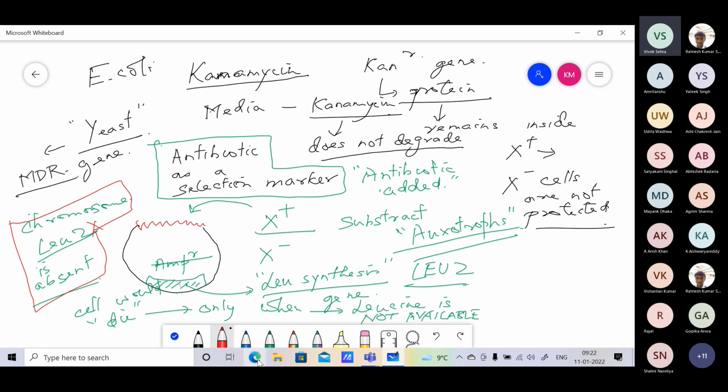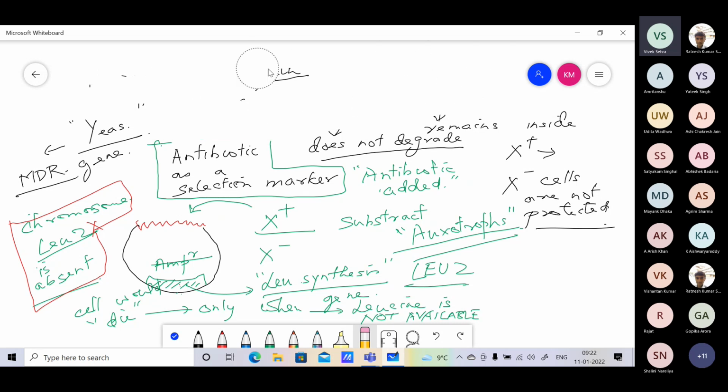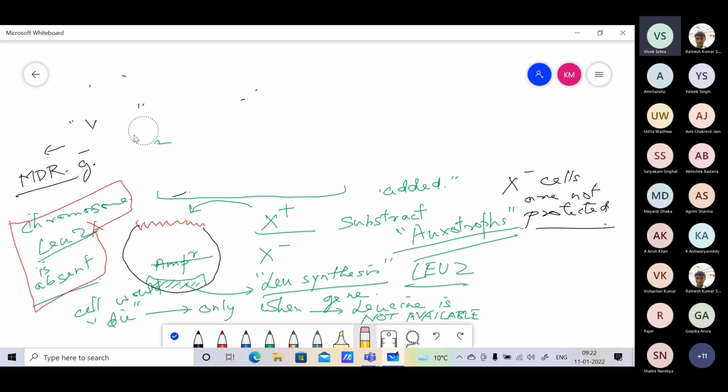So now what this plasmid is doing is essentially exactly the opposite of what the antibiotic was doing. It is now providing not resistance to antibiotic, but the ability to remove this auxotrophy, and therefore we call this auxotrophic complementation. Have you heard this term? Yes, sir.